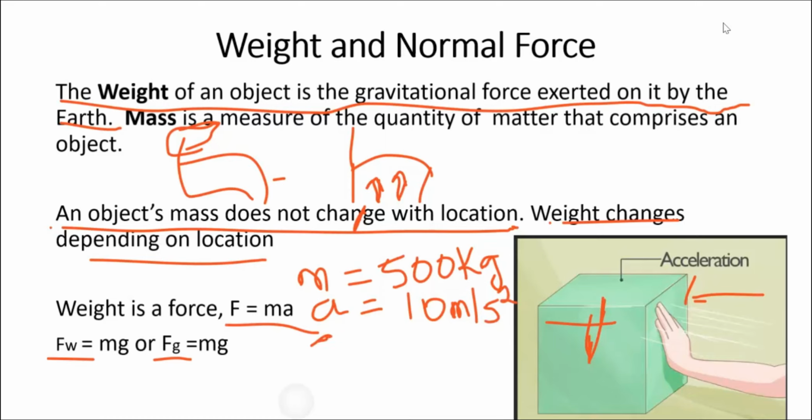So the force applied here would be 5,000 Newtons. But if the acceleration was 1 meter per second squared, then the force would be 500 Newtons. So just put it at the back of our head that force changes depending on the location.